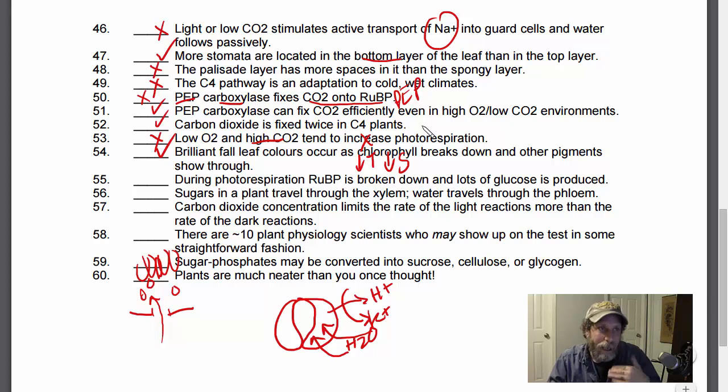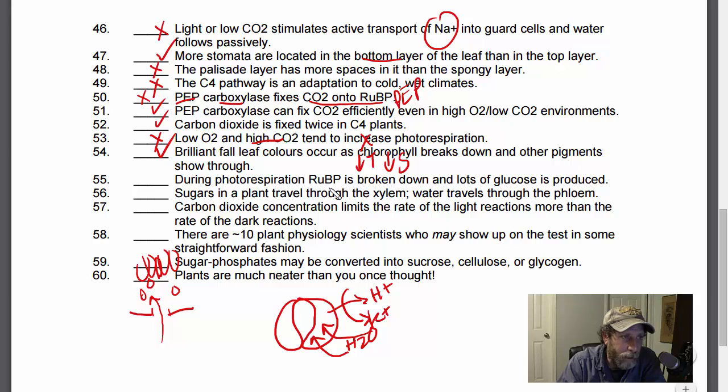Now, there can be some assembling of other pigments preferentially in the fall, and there are some other changes with the acidity of the vacuole. But in generalities, the decrease of temperature, decreased sunlight, chlorophyll decomposition, and reduction in production of chlorophyll mean other pigments show through. That's not a bad generalization.